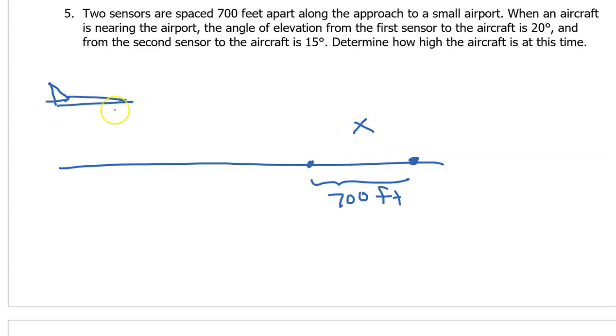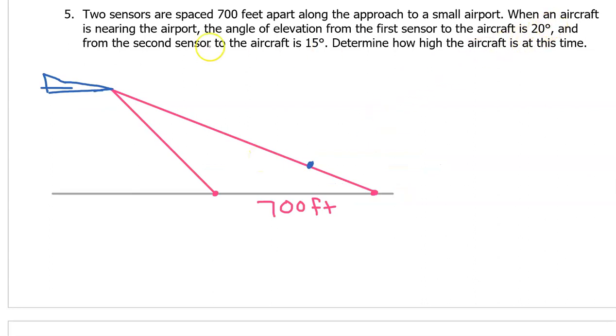That doesn't make sense. This plane is traveling at hundreds of miles per hour. This is only a 700-foot space. It's only going to be at this position for like the blink of an eye. That's not what the problem is about. These sensors are 700 feet apart and the plane is approaching the airport.